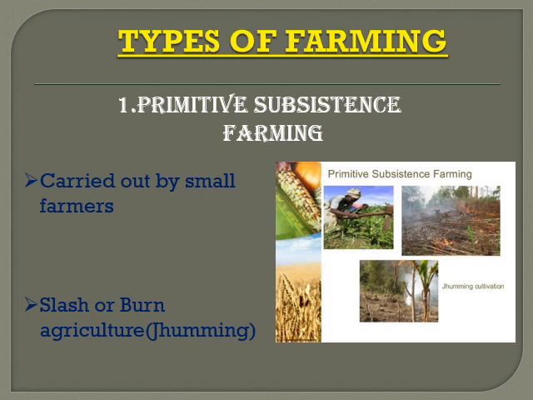Do you know about jhumming? Listen, jhumming is a type of shifting agriculture practiced in northeast India, especially in Mizoram. Students, it is man's primitive method of harmonizing land and climate with his needs for food along with the habitat shared with the wildlife. So, this is primitive subsistence farming.